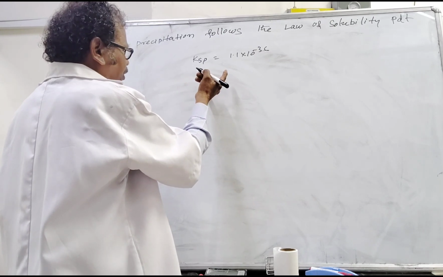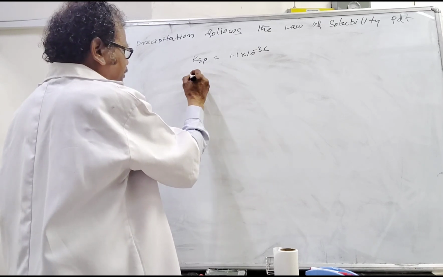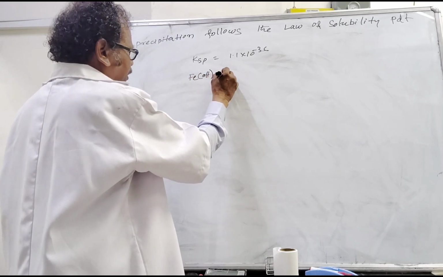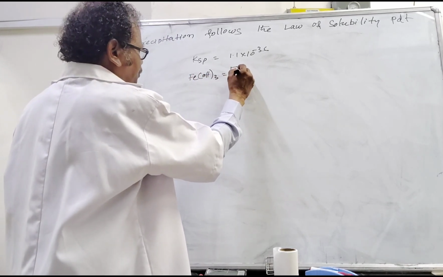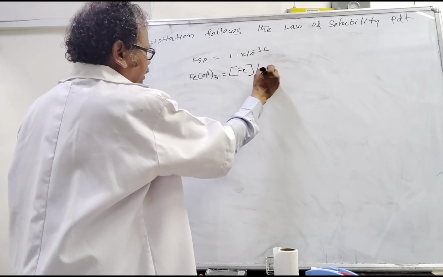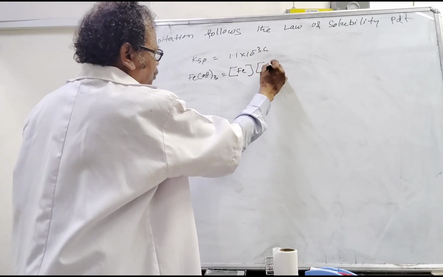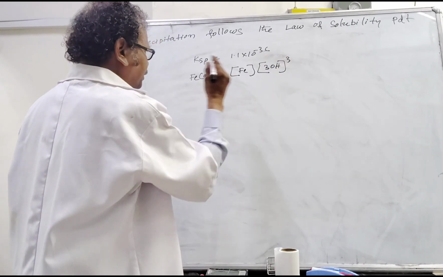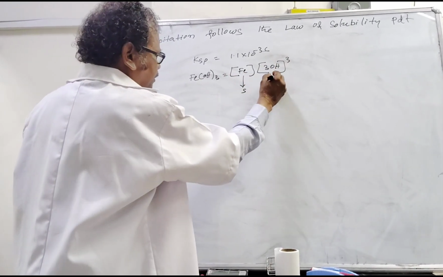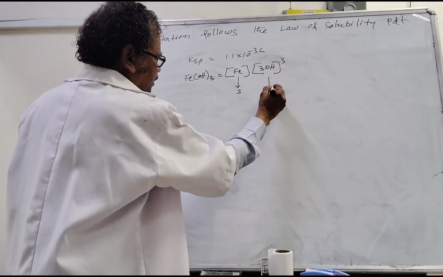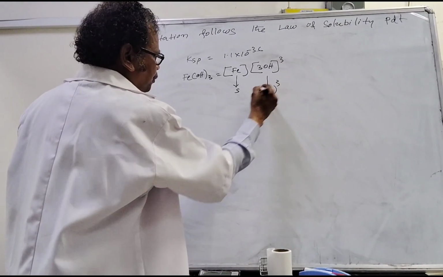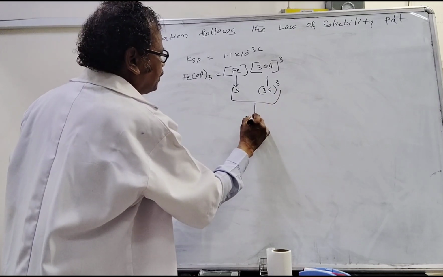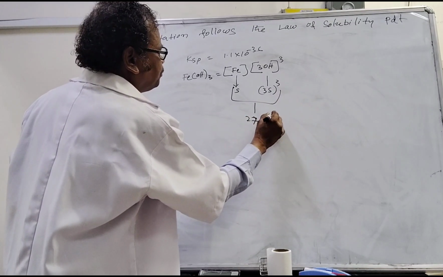Again, we will discuss Fe(OH)3 equal to Fe into 3OH thrice. If it is S, it is 3S cube. Total it will give 27 S^4.